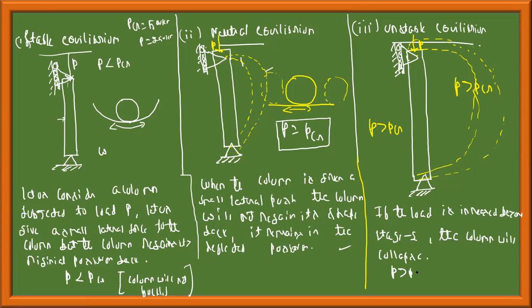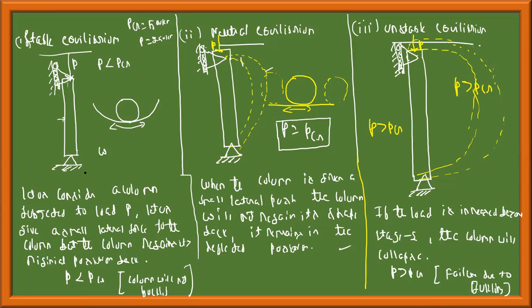That is, P greater than PCR, the critical load, is failure by buckling. This is called failure due to buckling. Now, let me give the definition for buckling.